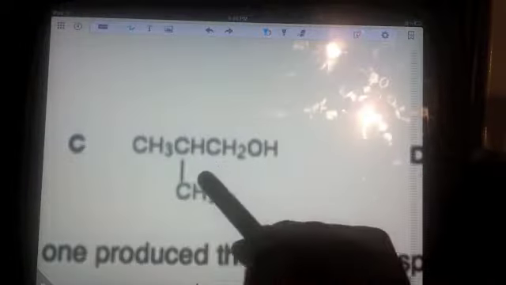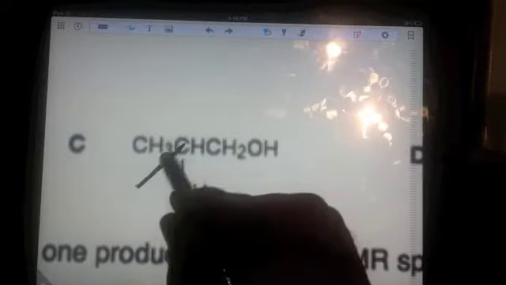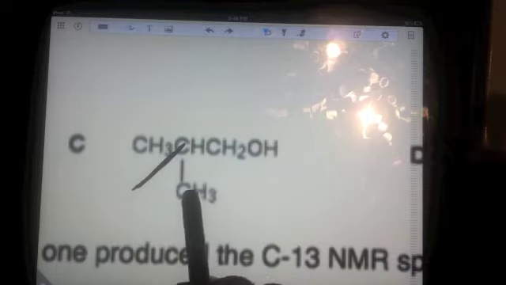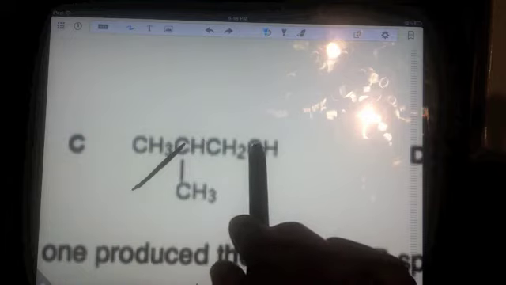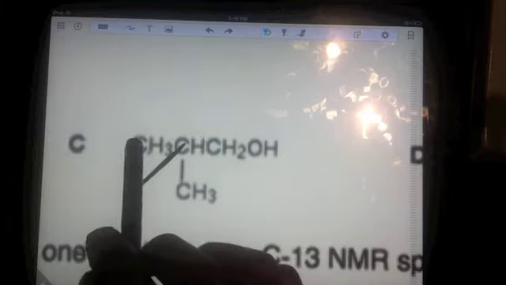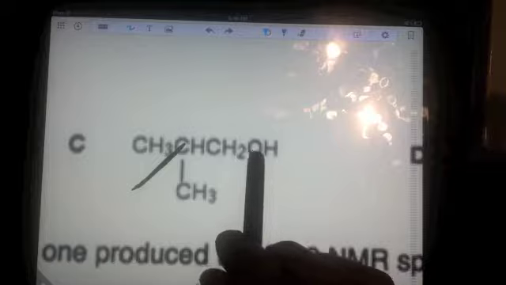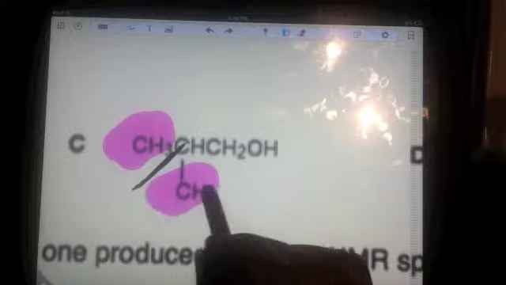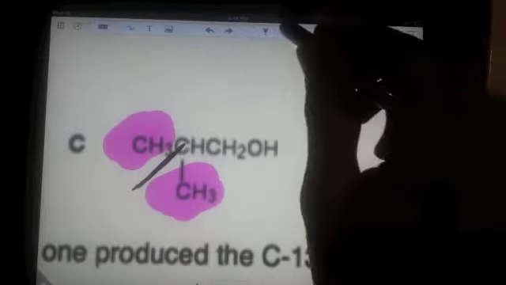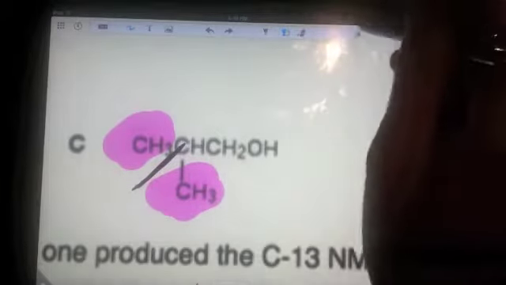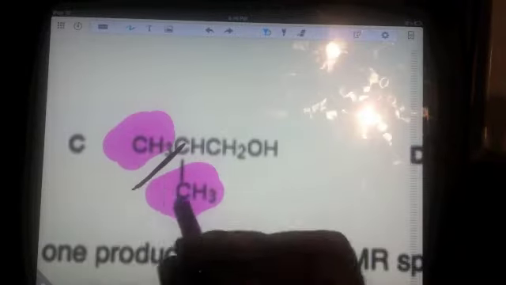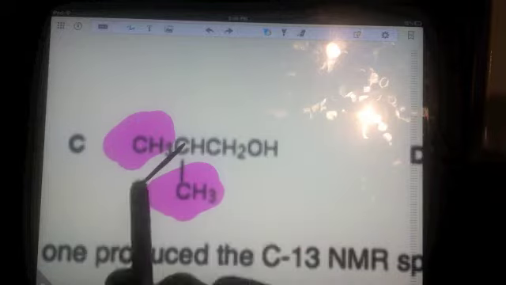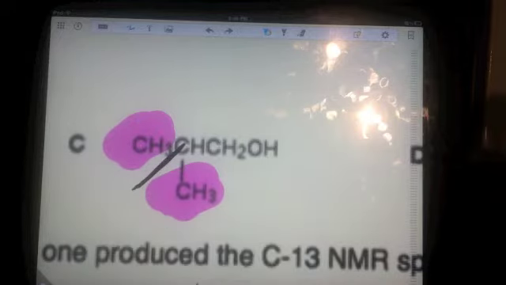What I've got is a line of symmetry down here, where this carbon with 3 hydrogens is 1, 2, 3 away from the oxygen, and this carbon here is 1, 2, 3 away from the oxygen as well. That means these 2 carbons, if I just highlight them, this one here and this one here, are in a sense going to be the exact same carbon environment. So these guys are just going to form one peak because they're the same distance away from their oxygen and they have nothing else after them.